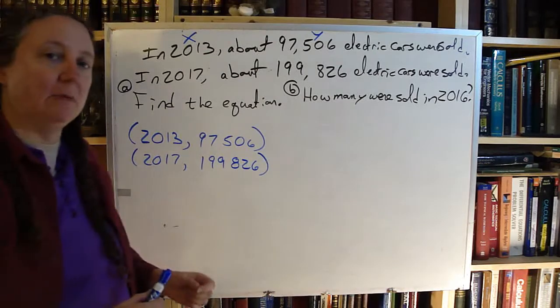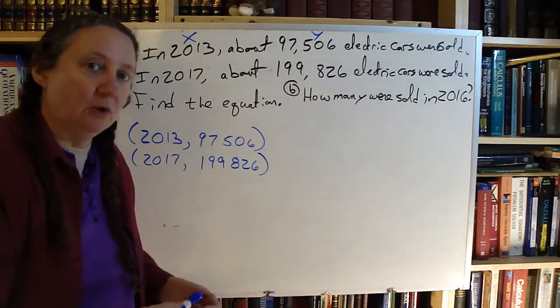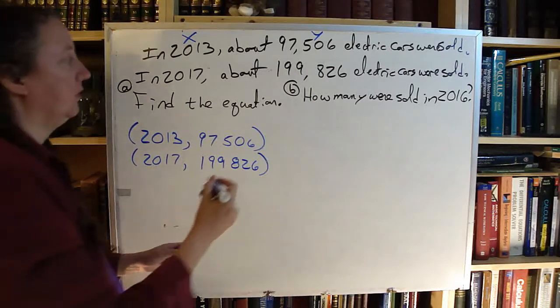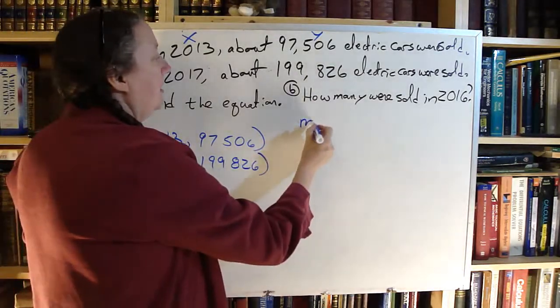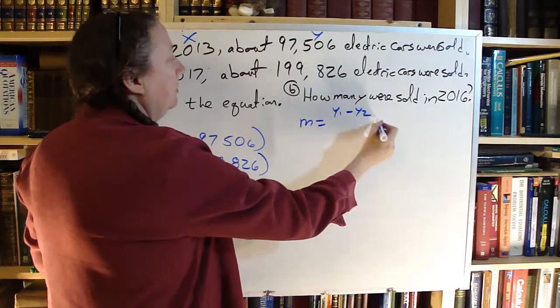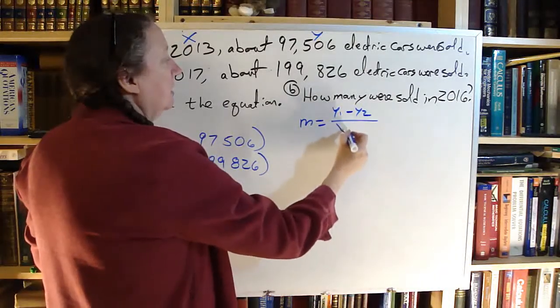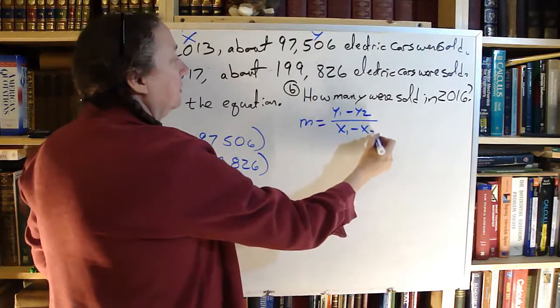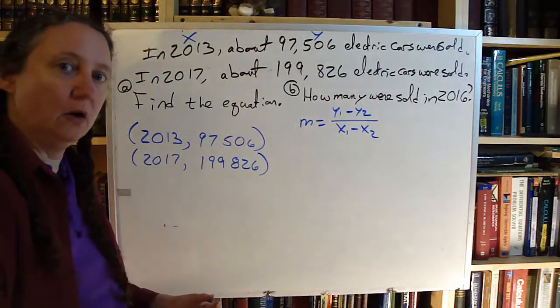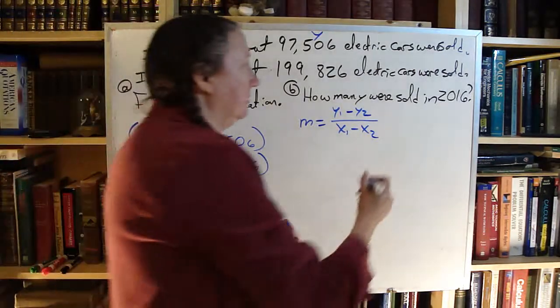If you don't have it memorized yet, you look up your slope equation. You were not given your slope, you need to find your slope. So m equals y1 minus y2 over x1 minus x2. You're also going to need your equation of a straight line, y equals mx plus b.